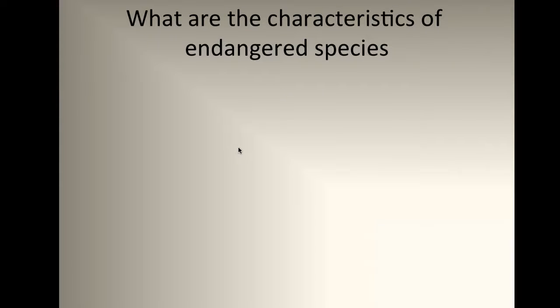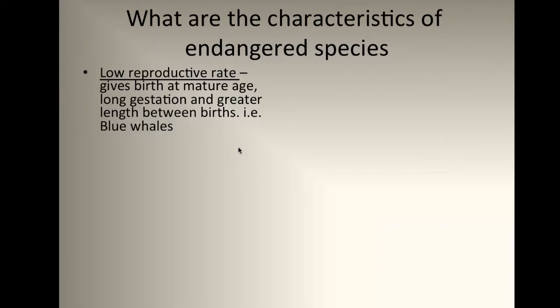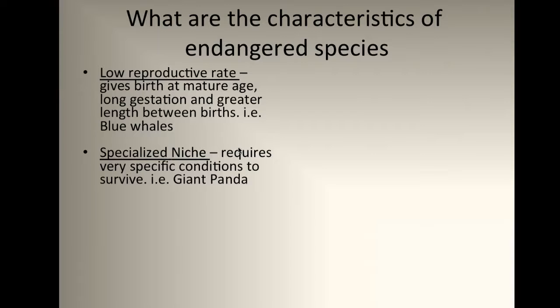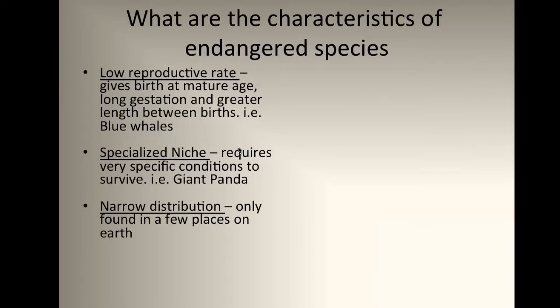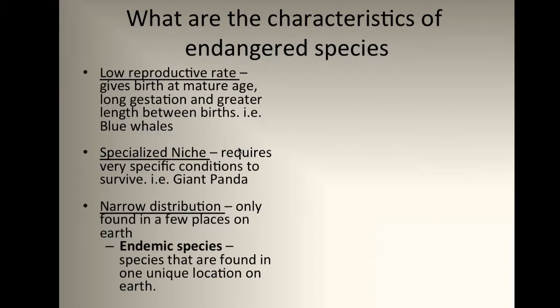All right, so what are some characteristics of endangered species? Again, I would encourage that you review population ecology, chapter 5 or 6. The organism needs to have a low reproductive rate, so that would be a K-selected species. Specialized niches limit them. They have a very narrow distribution, again, it limits them. And that brings us back to that vocabulary word, endemic species, only found in one unique location.